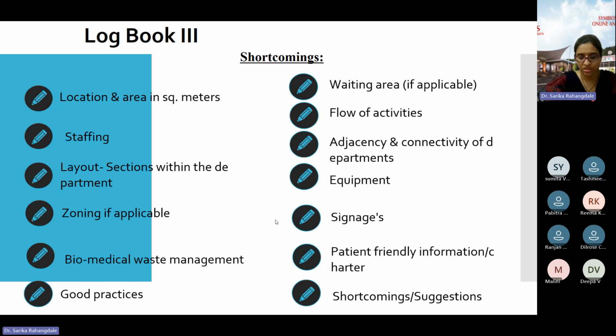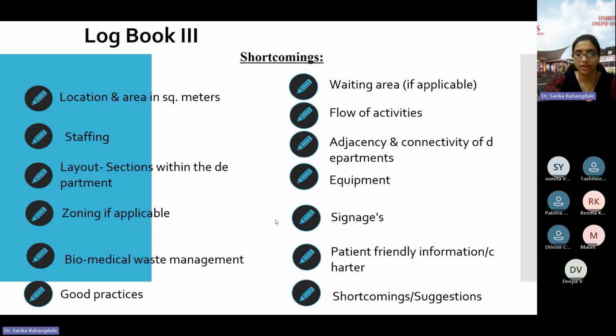Whenever we are at the registration or reception area or help desk area, where the OPDs are, where the wards are, whether the directories are available at the main lobby or reception area or not, whether the arrows have been put, where is the lift, where is the ramp. So these are the signages, available or not.